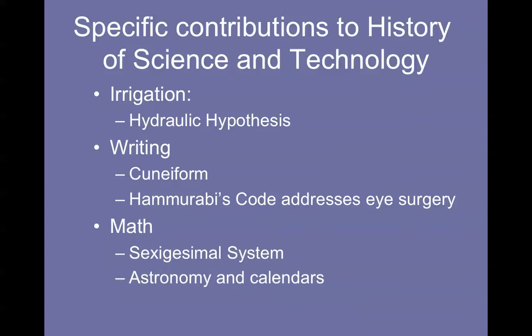The other thing we get in Mesopotamia that's important for the history of science is a mathematical system, as we said earlier. And this is that sexagesimal system we'll talk a little bit more about. And it's also important for both writing and math. You need both writing and math to develop some of the first examples of, can we call it, scientific thinking in Mesopotamia?